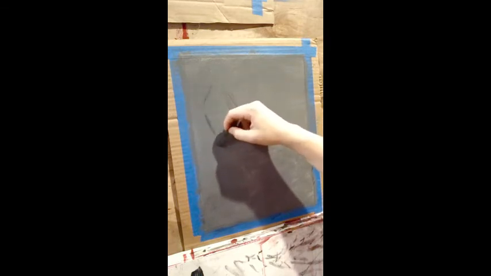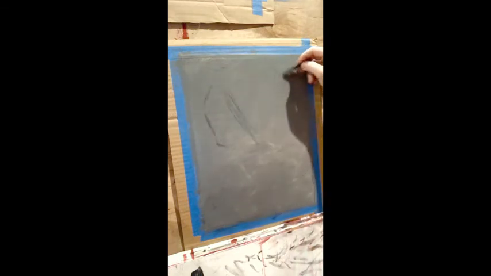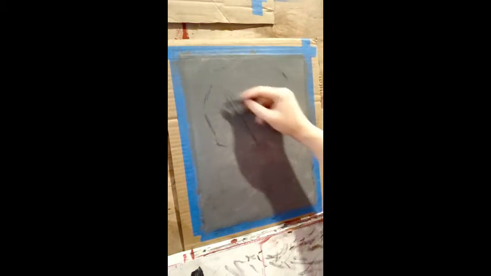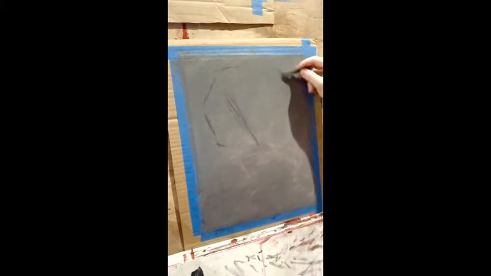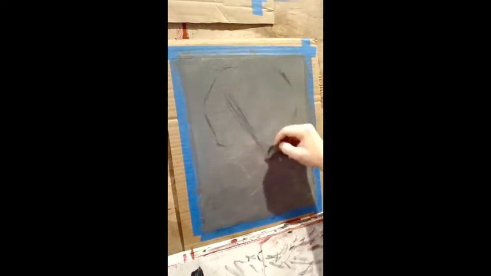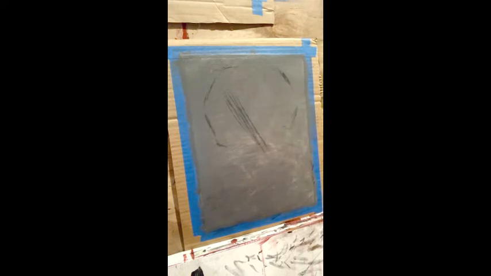So I'm putting in some general lines for hair, for example, and the head is at a tilt. So those are things I want to identify right away. So you're thinking first of this big general information. You're not getting into any kind of detail.